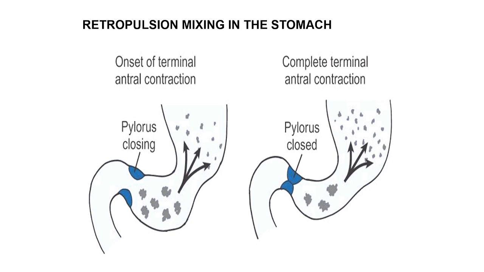But then, once the first portion of chyme is evacuated, the receptors in the duodenum analyze chemical content, and based on the chemical content, pyloric sphincter would either keep opening in portions or would close to provide further processing of food in the stomach, and then opens. All right.